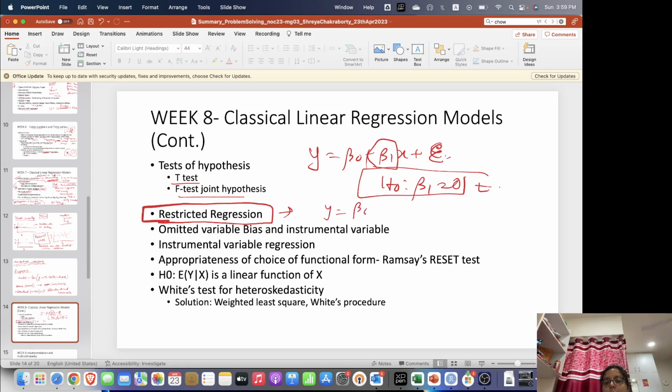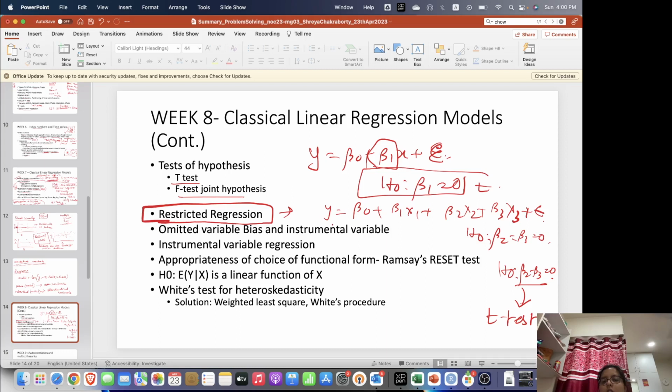So if we have beta 0 plus beta 1 x1 plus beta 2 x2 plus beta 3 x3 plus epsilon, and we want to test for beta 2 equal to beta 3, this can also be written as beta 2 minus beta 3 equal to 0. This we can either do by a t test, or we can also use an F test.